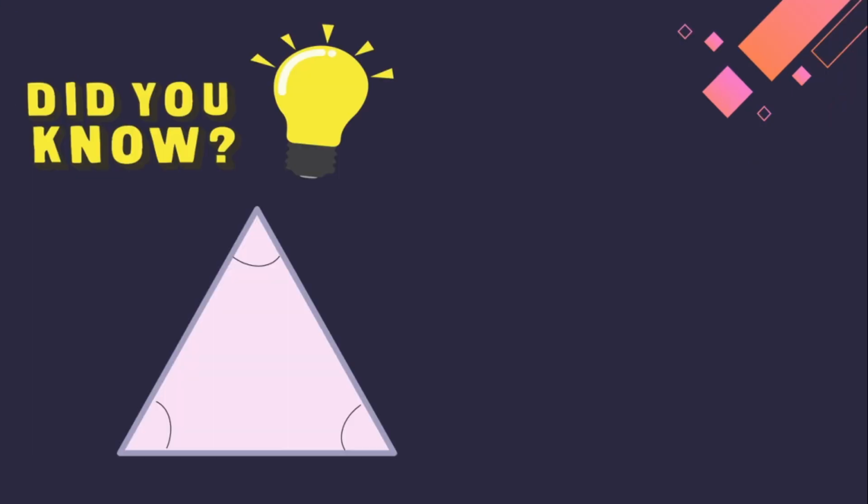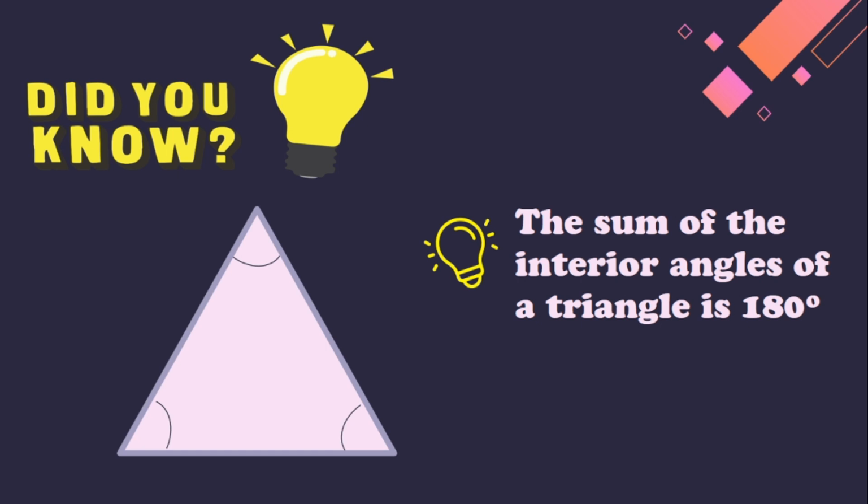Now, did you know that, here we have a triangle, the sum of the interior angles of a triangle is 180 degrees. So if you add those three angles, the sum is always 180 degrees.